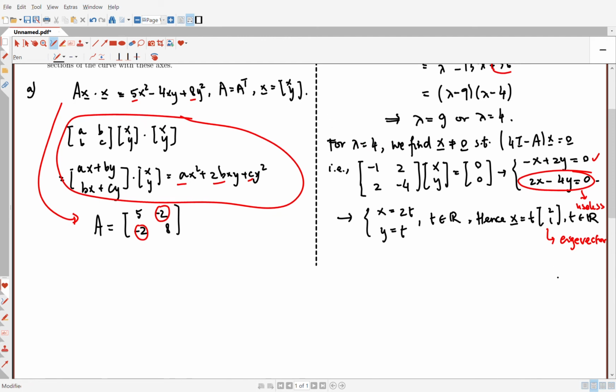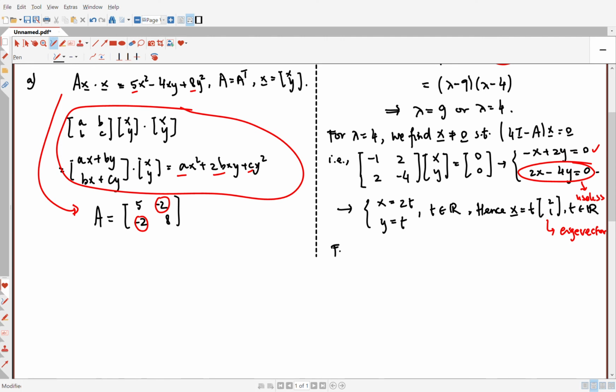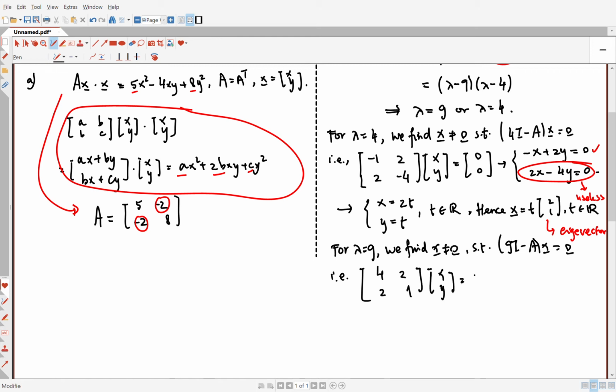Next, for lambda equals 9, we do the same thing. We want to find x that is not 0, such that 9I minus A, x is equal to 0. In other words, 4, 2, 2, 1, times x, y is equal to 0, 0.